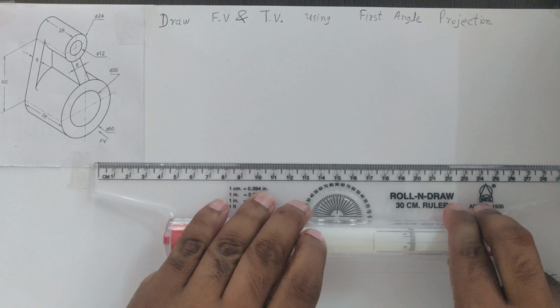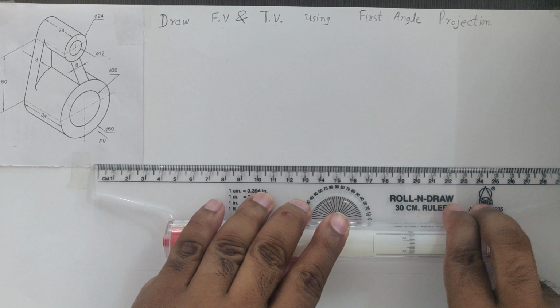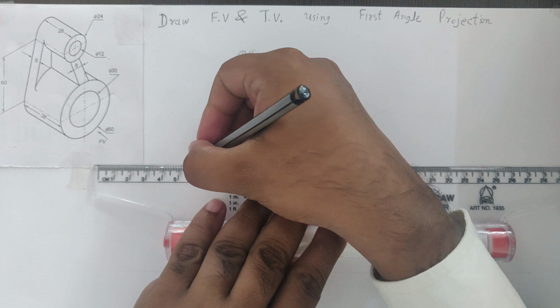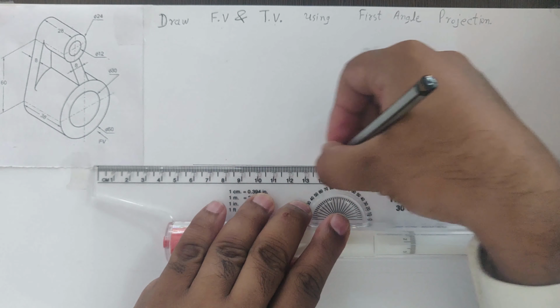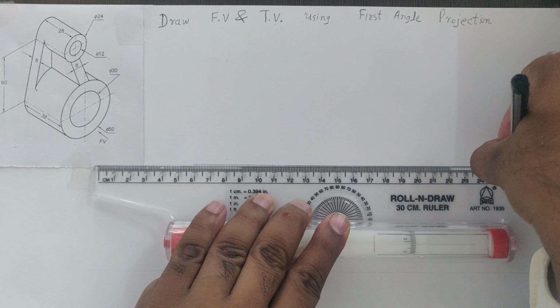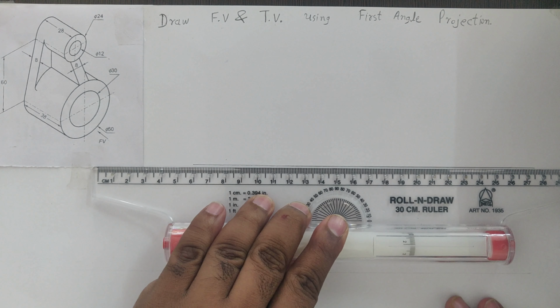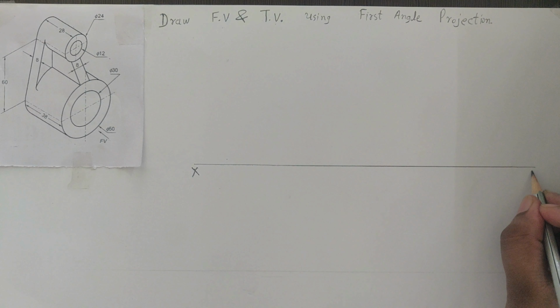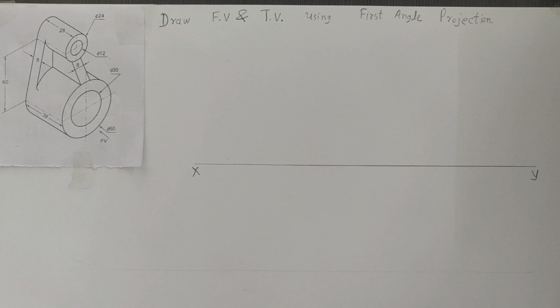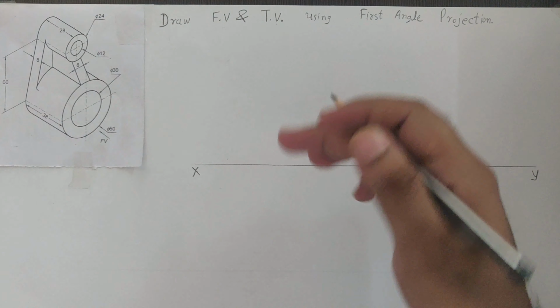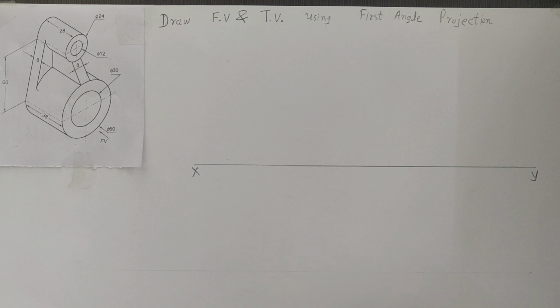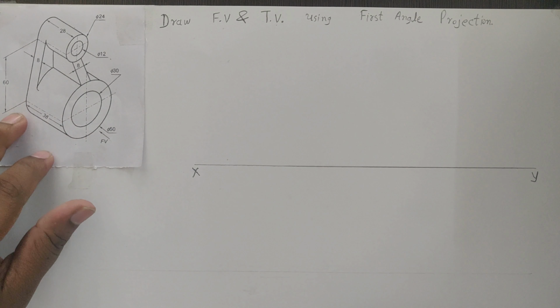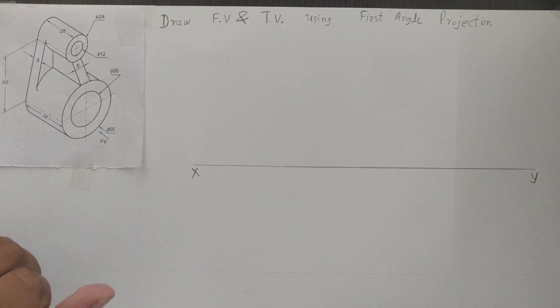Let's say this is my XY line. Now I will draw the front view above it and my top view will be below the XY line. So for the front view you can see the dimensions are given.